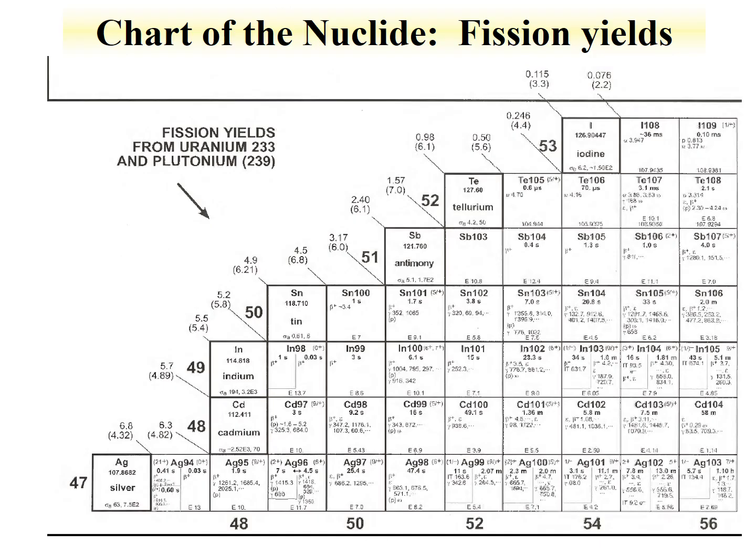We also stated that the fission yields for a given isobar can be identified in the chart of the nuclides. Here's an example. It says fission yields of uranium-233 and plutonium-239. The 239 is in parentheses. So for a given isobar, for instance, this 102, this 2.4 is for the fission yield of uranium-233.